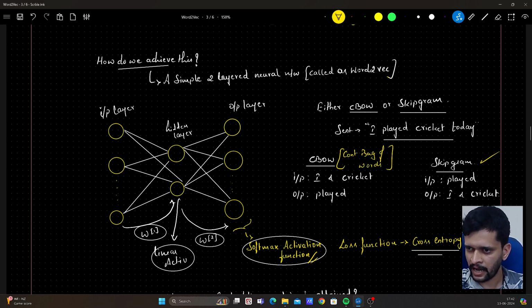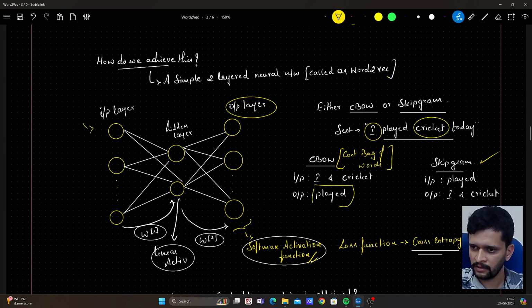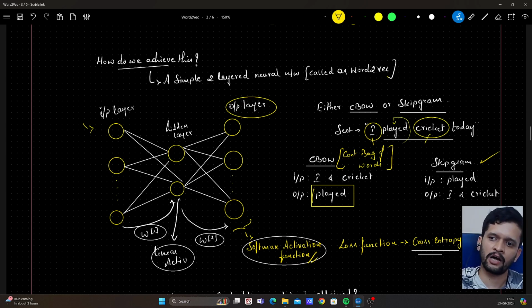I will provide I and cricket as input to my neural network and ask it to predict the output, and I'll train this network till I get the correct output, that is played, which is our middle word. So I am supplying the context, I and cricket, and asking it to predict the target word played. This is how we train our neural network in the continuous bag of words approach.